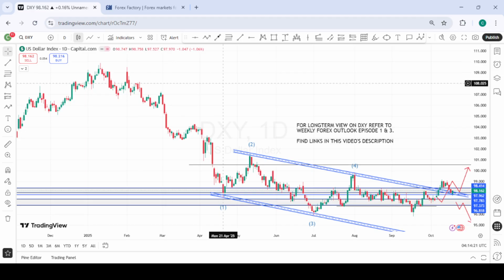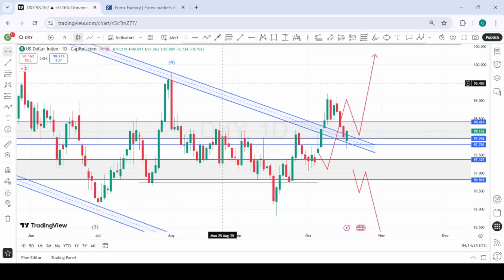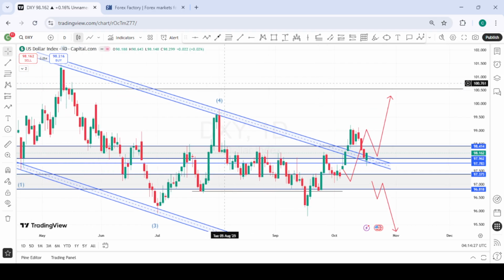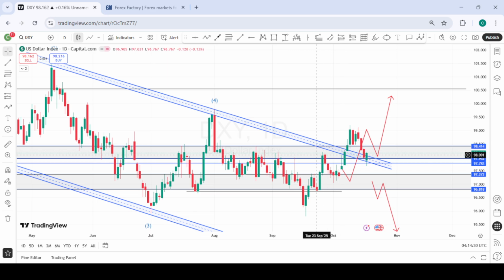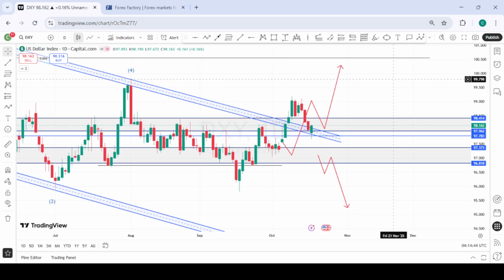So this is DXY. We are starting with DXY for next week's analysis. From the previous weeks, we anticipated that price was going to react from this very zone, give us a buying opportunity, break this trend line or area of resistance, then come for a possible pullback. And as we can see, it looks like price has actually pulled back into our expected area.